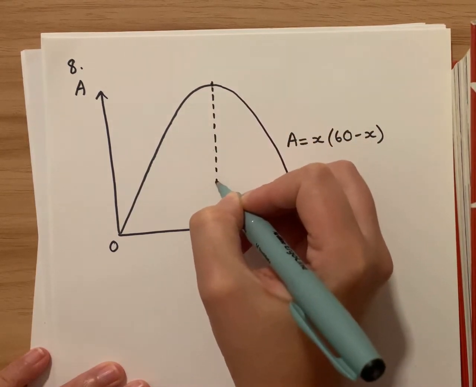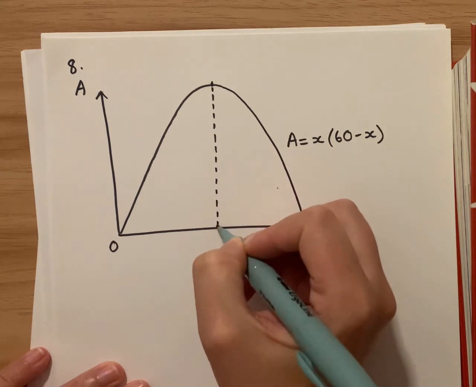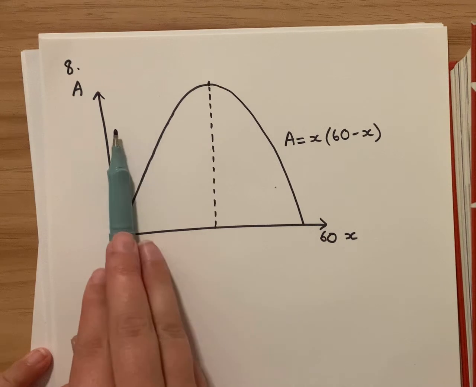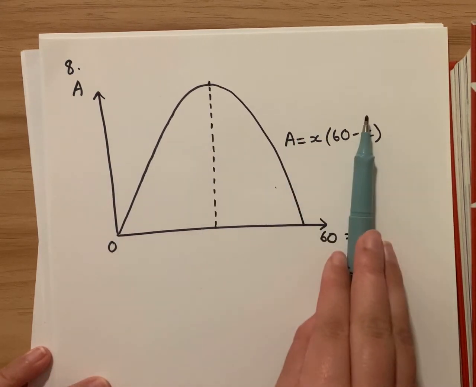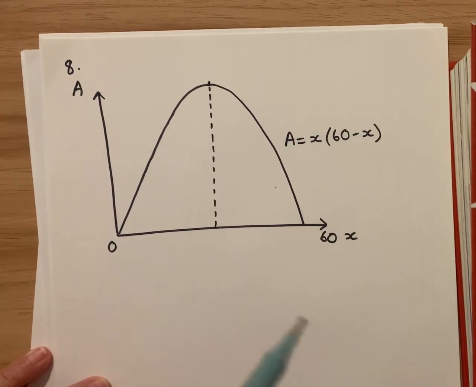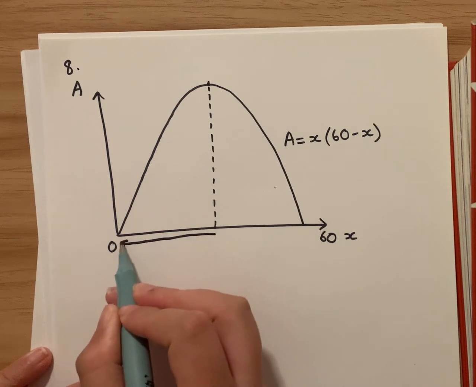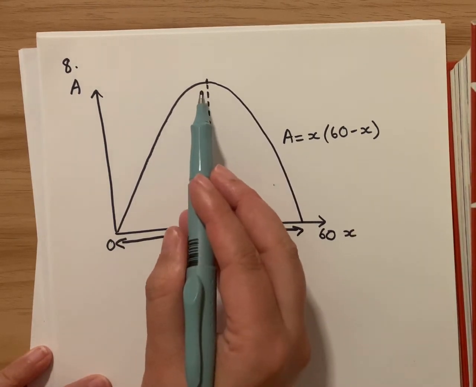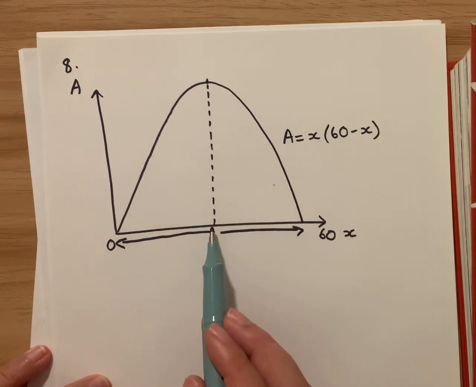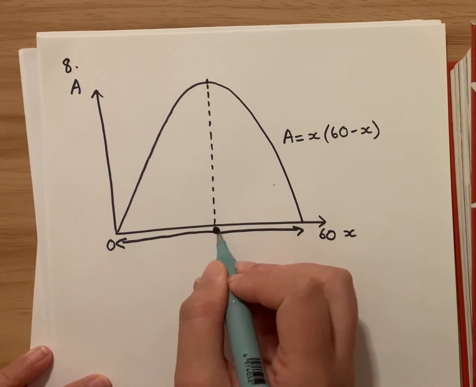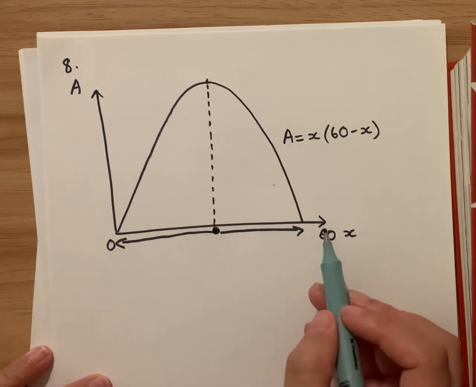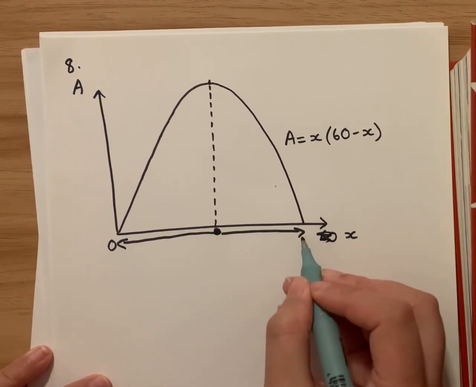So that highest point up there, everything on the left-hand side of that point is going to be the same as everything on the right-hand side, okay? So this distance here is the same as this distance here. And the highest point is going to be the point that is directly in the middle of 0 and 60. Sorry, 60 is where it cuts. So 60 is actually here.